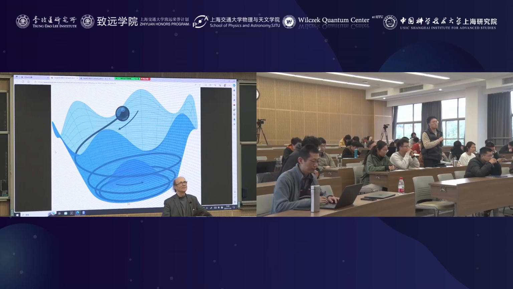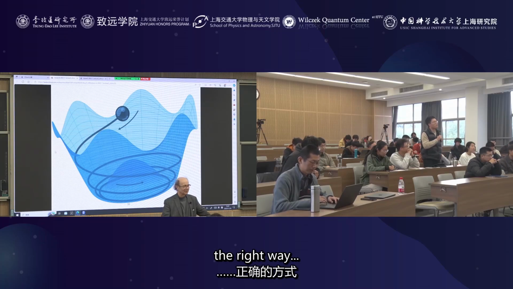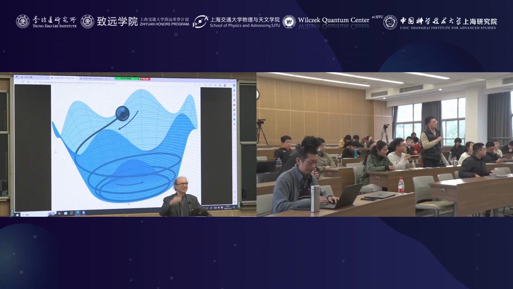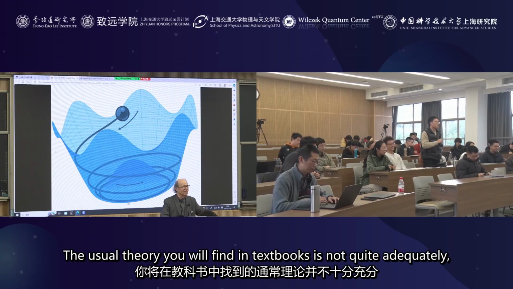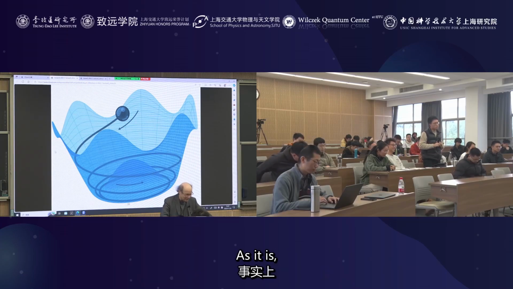The right way: the symmetry is actually never broken. The usual theory you'll find in textbooks is not quite carefully stated.